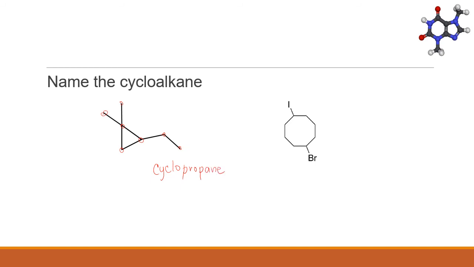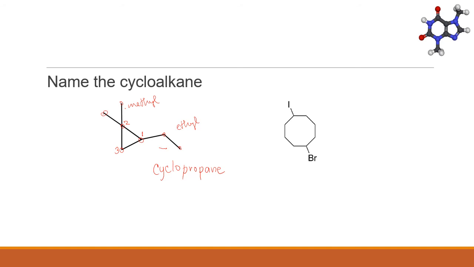Now, because we have more than one side chain, we have to number the carbons in the parent chain. Remember, our numbering is alphabetical. So since this side chain is ethyl and these two are methyl, we number the ethyl carbon as 1 and this one as 2, this one as 3.